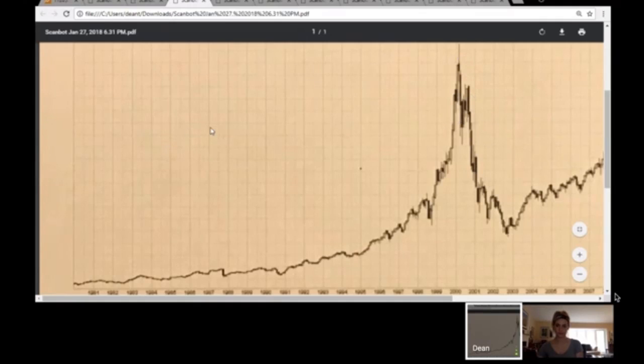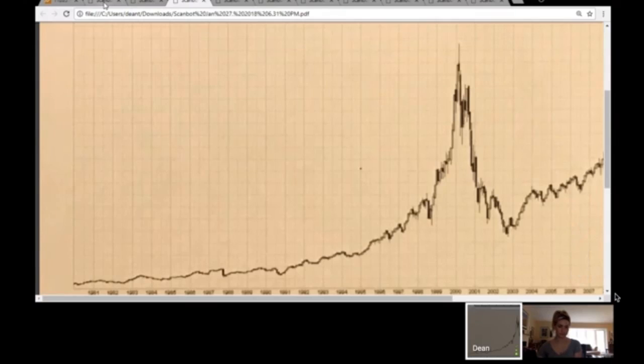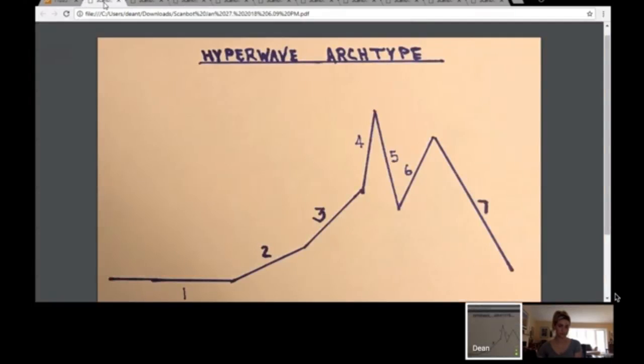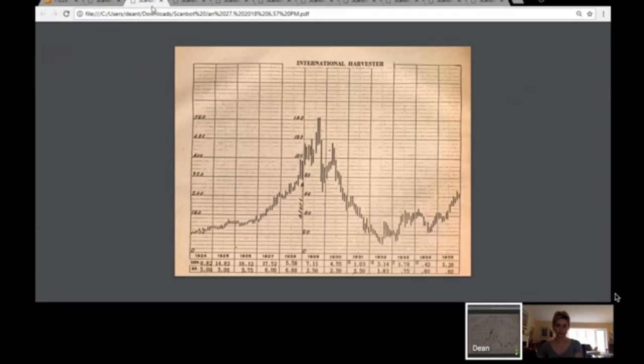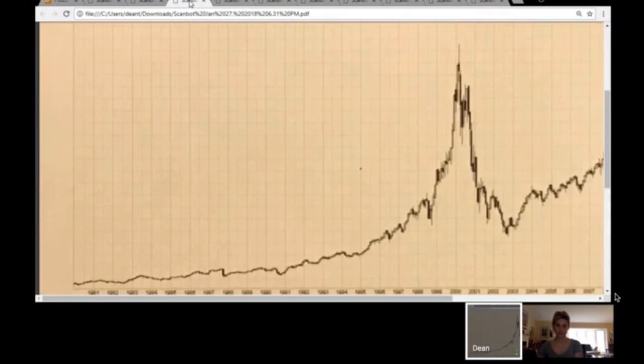I've got about 200 examples of these, and we will go through many of them because they vary to a certain extent, but all of them move in these same 7 waves. Take a look at International Harvester again. Take a look at the NASDAQ.com bubble. That's why I think this is so important for everyone to understand.